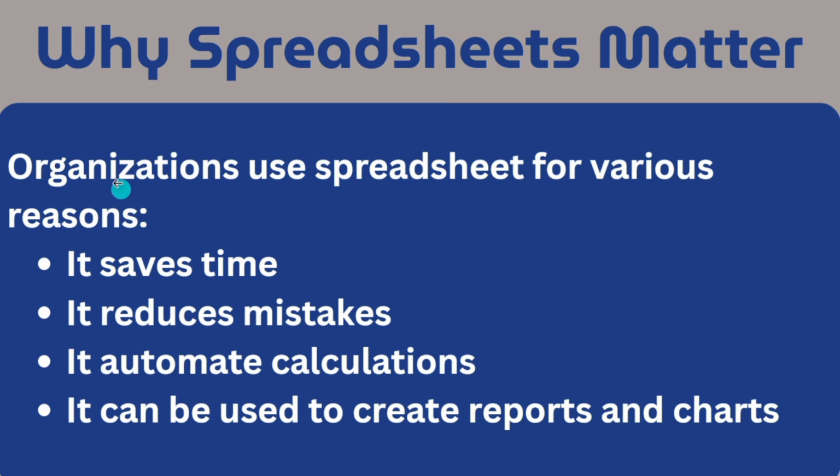All right, so organizations use spreadsheets for various reasons. One of them is that it saves time. When you have a digital place where you can input your information, you can even use it to perform calculations. Imagine we are meant to calculate 3,000 times 1,566. Look at the stress it's going to take you, pressing your calculator.